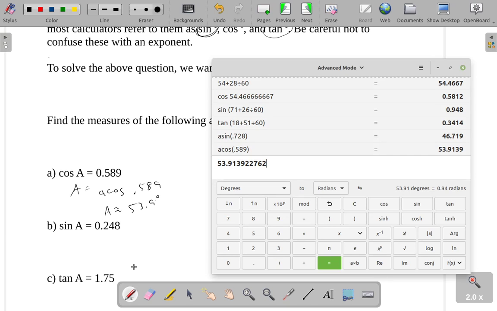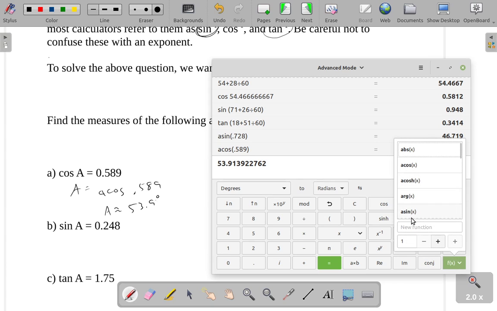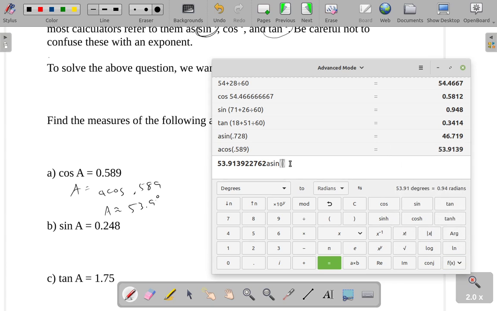For the inverse sine of 0.248, I'll get rid of all this other stuff. 0.248, and we get 14 point, rounding this to the nearest tenth of a degree, that's going to be 14.4.